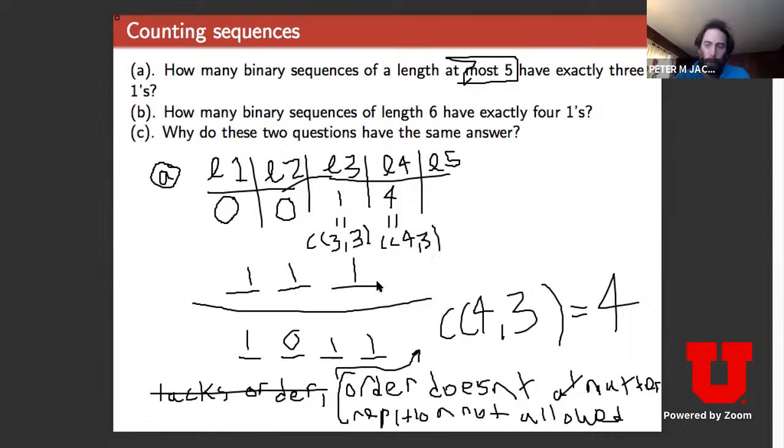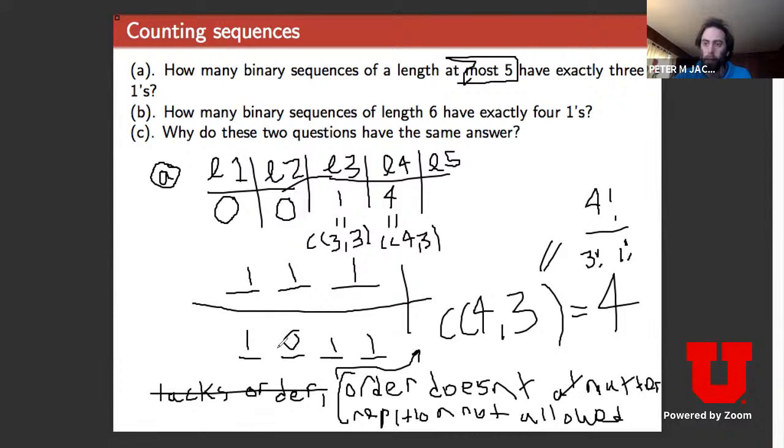All right. It may not be super obvious why 4 choose 3 is 4. There are a couple of ways to think about that. First of all, you can just write out the formula for choosing. That's 4 factorial over 3 factorial, 1 factorial. So then that's just 4. But you can also think about it a little bit differently. What we're doing is selecting 1 slot to not have a 1.